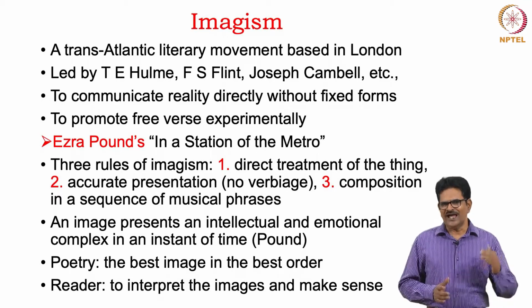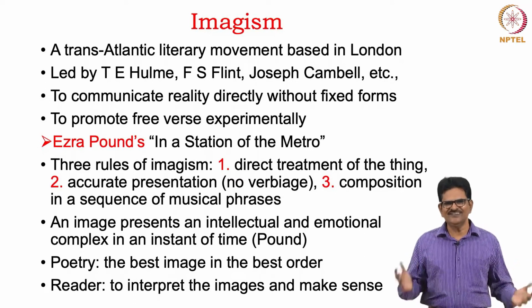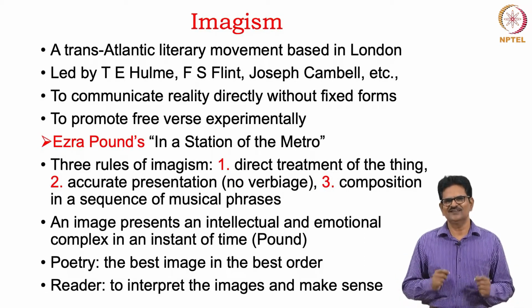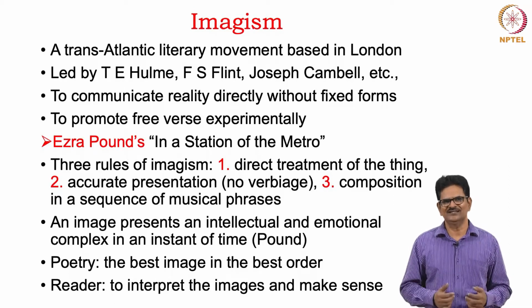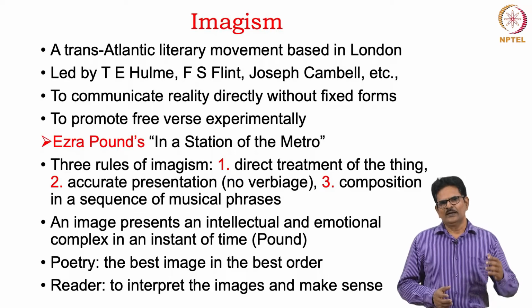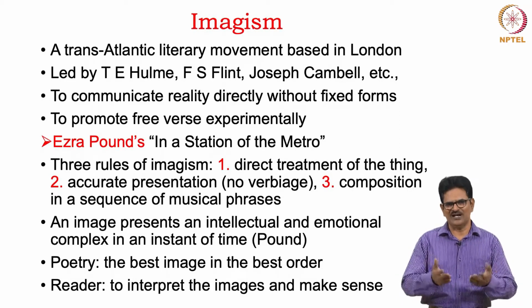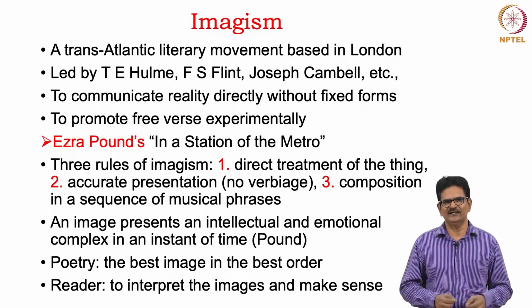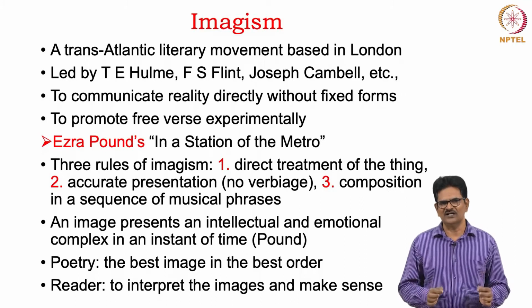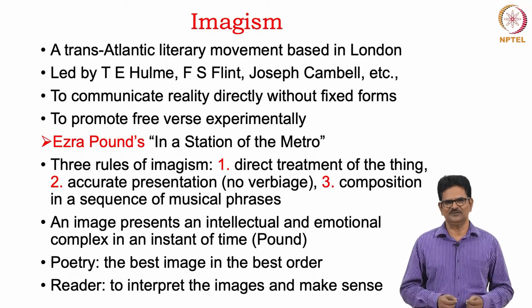According to Pound, an image presents an intellectual and emotional complex in an instant of time. That is very important for Pound and many other modernist poets. Earlier we know that the best word in the best order creates the best poem, but according to Pound and others in this group, we find that the best image in the best order creates the best poetry, that is modernist poetry.